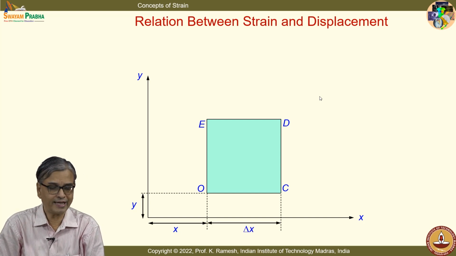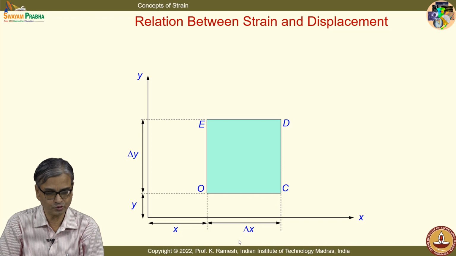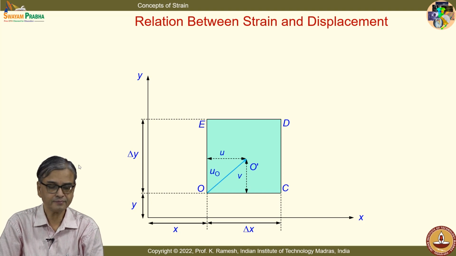And these are all exaggerated. I have taken delta x comparable to x, but I call it delta x. Unless these diagrams are big, you are not in a position to visualize what happens. So, I have a displacement vector where point O moved to O prime.